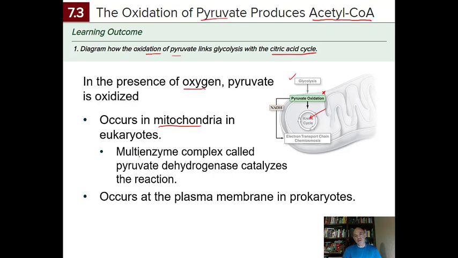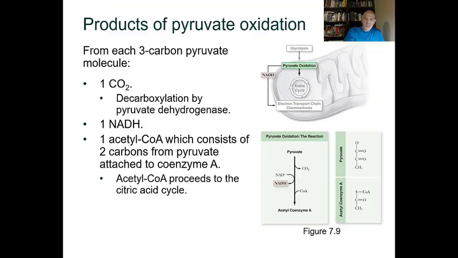This is to make sure that you have control of your metabolic intermediates so that they don't go off and do side reactions. This one is called pyruvate dehydrogenase, which catalyzes the reaction. In prokaryotes, this process is going to occur at the plasma membrane. In eukaryotes, this occurs as the pyruvate is entering to get into the mitochondrion.